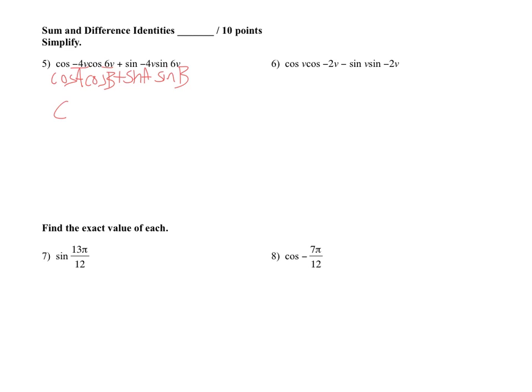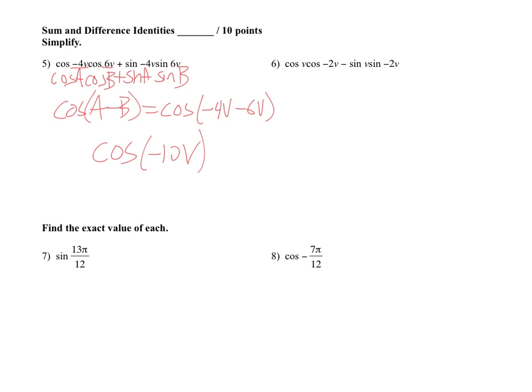That's going to be the identity of cosine of A minus B. So what I'm going to do is recombine this with my A and B that I figured out. So that's going to be cosine of negative 4v minus 6v, which is cosine of negative 10v.